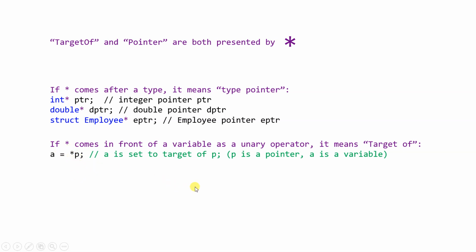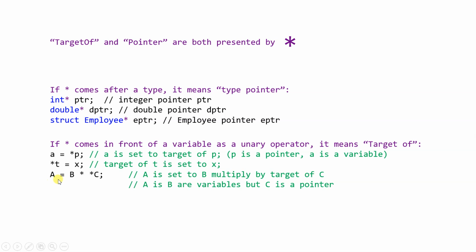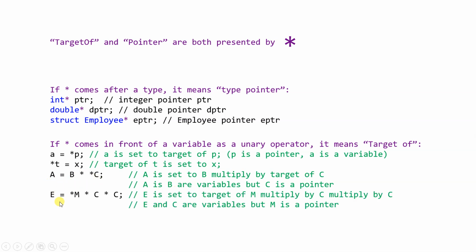It means target of P. Don't call it asterisk P. If now target of T is X. Now A is equal to B multiplied by target of C. And now E is equal to target of M multiplied by C multiplied by C. Okay? So say it, and it's going to go crystal clear. Are we okay with this?